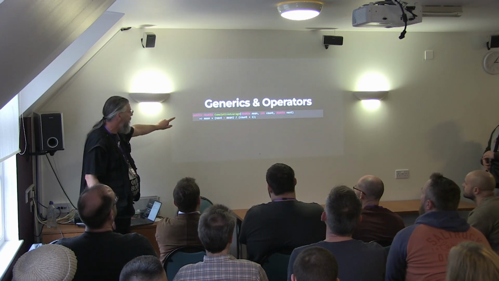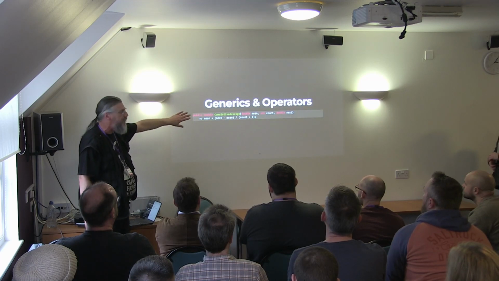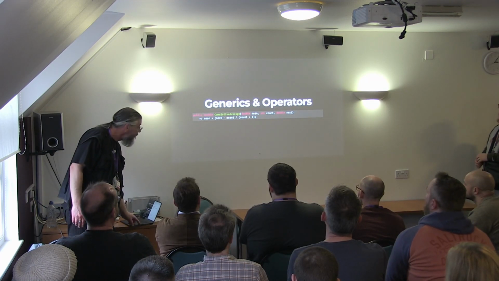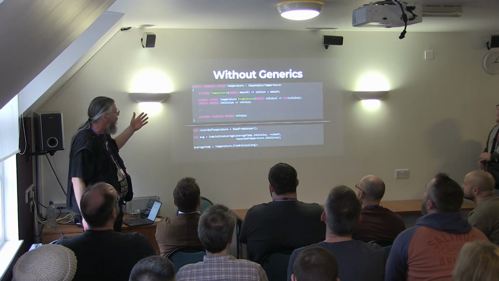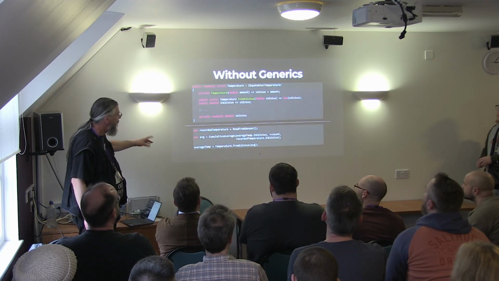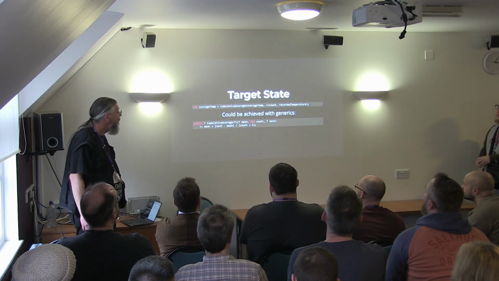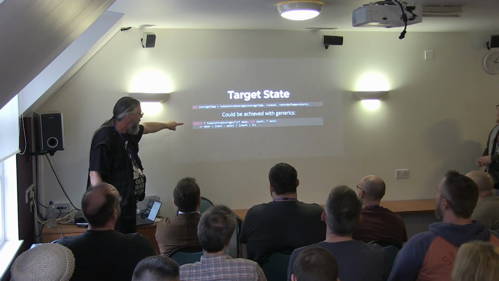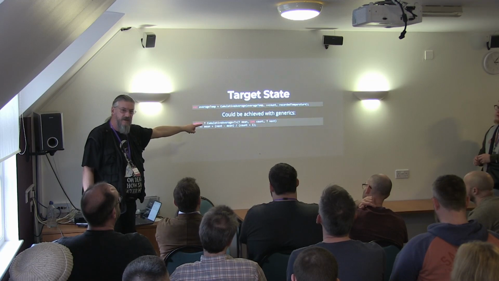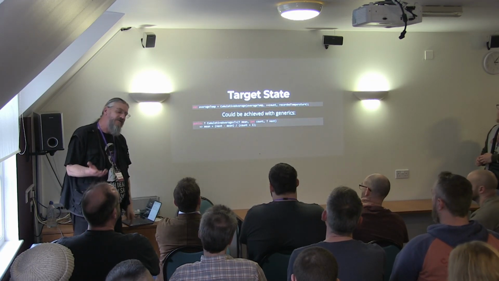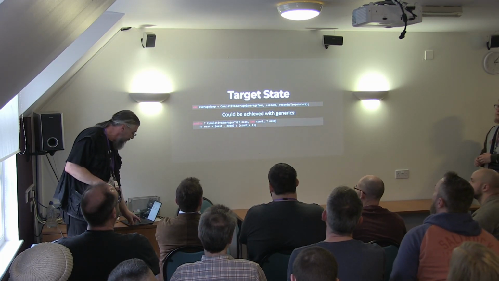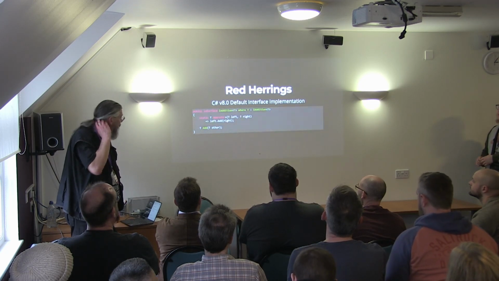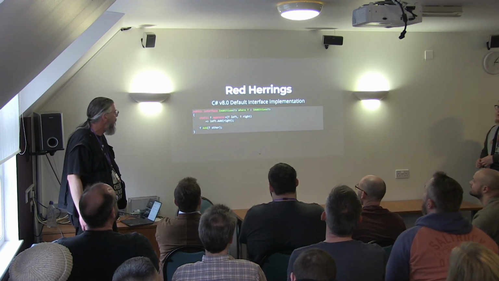If you've got a method where you're doing some arithmetic operations between some values, you can't do it with generics. That's where you might do that. The target state is we want a generic method that will allow you to do all of those operators. They've introduced the facility to do that in C# 11, but it's a bit mad.